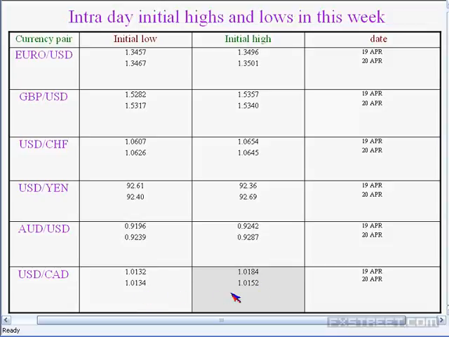The net change is also 10 pips negative. The Australian dollar gained about 40 pips, while the Canadian dollar net change is only 10 pips. So the downside is limited in the case of the Canadian dollar. Around 1.01 or below that, one could initiate a buy position.